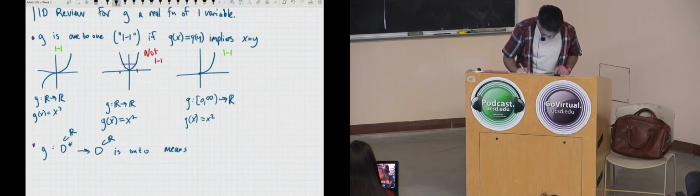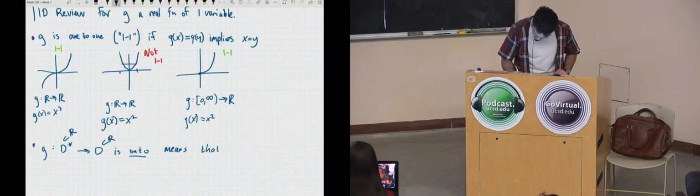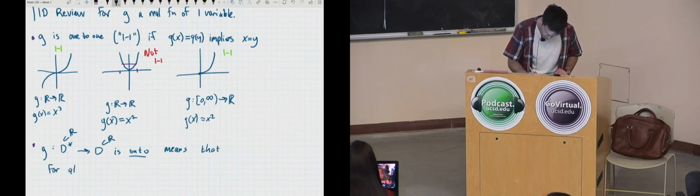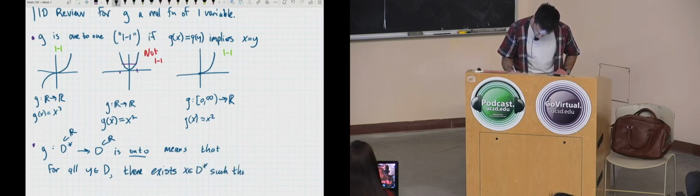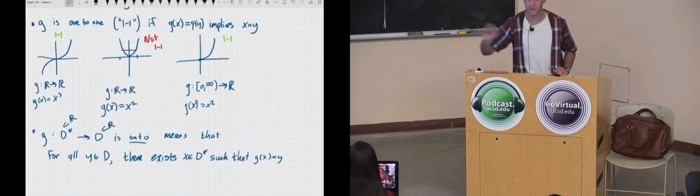That means that for all points y in the codomain, there exists an x in D star such that g of x is equal to y. It hits every point in the target set.